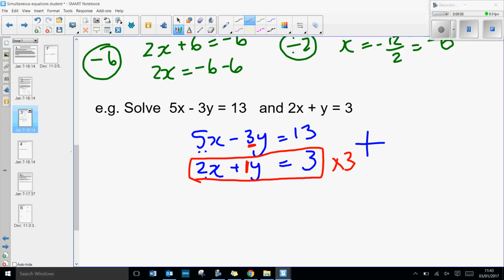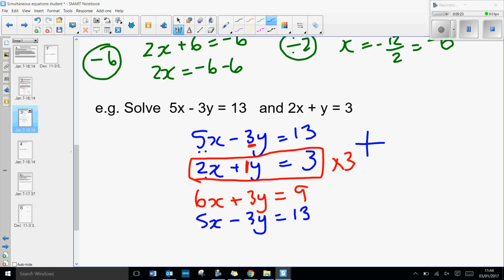So instead of 2x plus 1y equals 3, I'm going to have 6x plus 3y equals 9. And notice everything in the equation has been multiplied by 3. If I were to then write the original equation, the first equation, underneath now, notice I haven't changed anything.